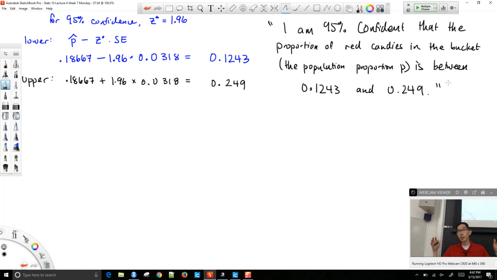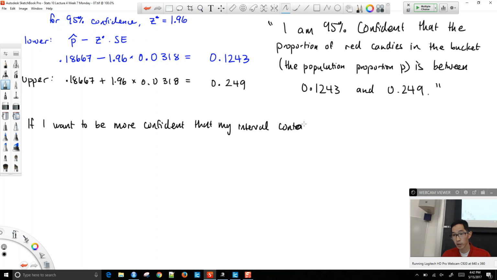If I want to be more confident that my interval contains the true value of P, I would make my interval wider.